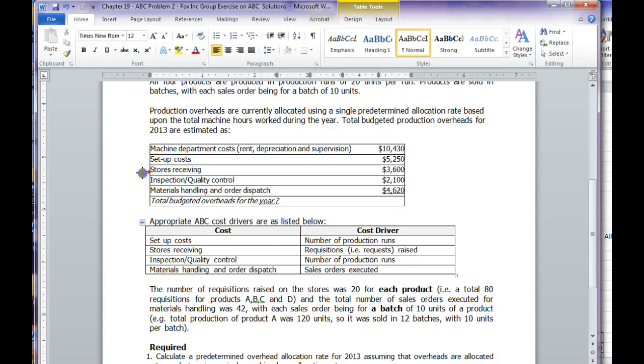We have stores receiving. Same thing. We're going to allocate that 5250 by number of requisitions, all the way down the list. Notice he's a little tricky. Machine department costs don't have a driver. They want you to pick one. Well, which one? If you look at all the drivers, machine hours is probably the most appropriate.